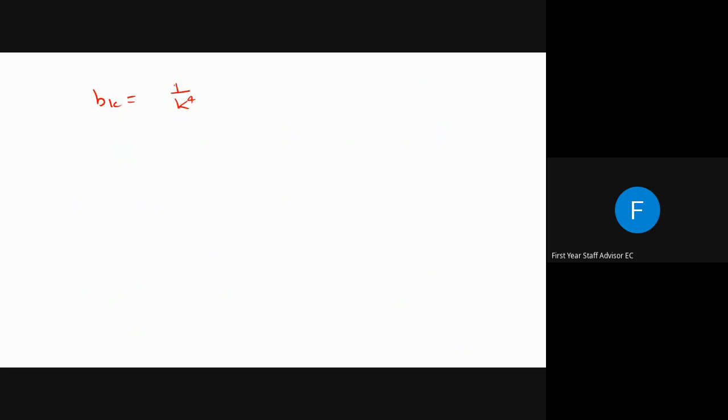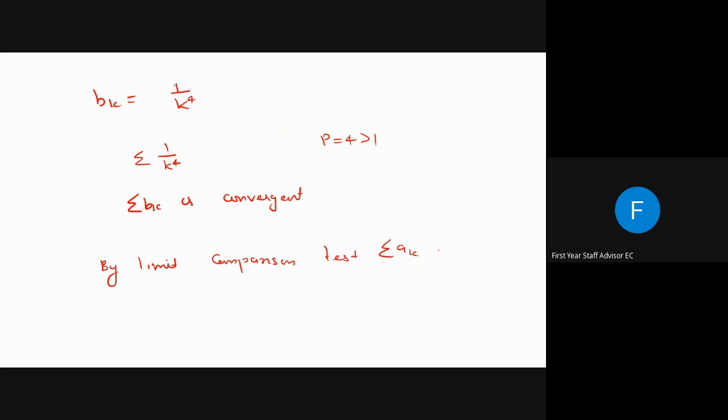So summation 1 by k raised to 4, here p is equal to 4, greater than 1. So this is convergent. Summation bk is convergent, so by the limit comparison test, summation ak also converges.